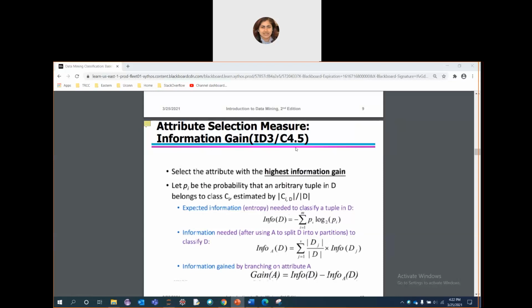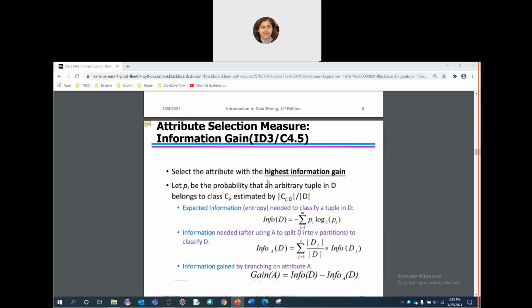ID3 and C4.5 adopt the same greedy approach. In this algorithm, there is no backtracking, and the trees are constructed in a top-down recursive divide and conquer manner. That is your greedy approach.